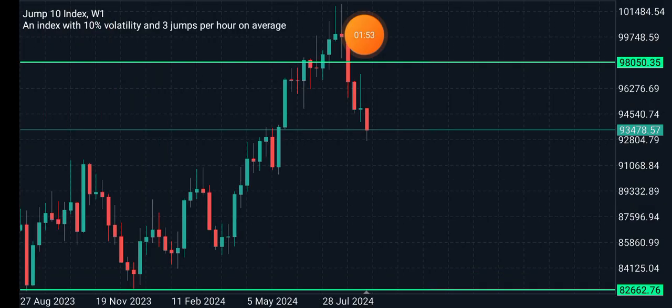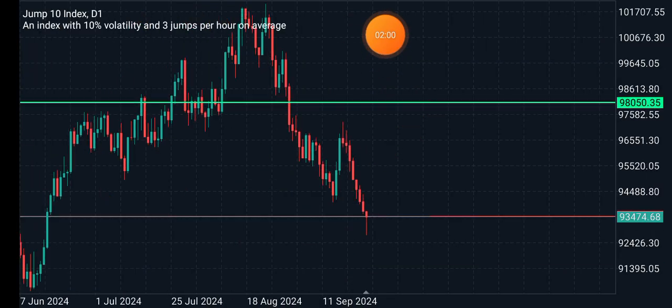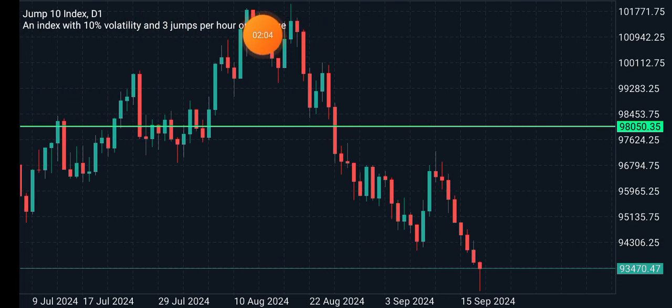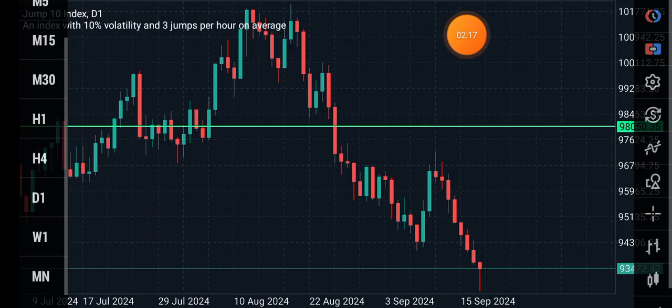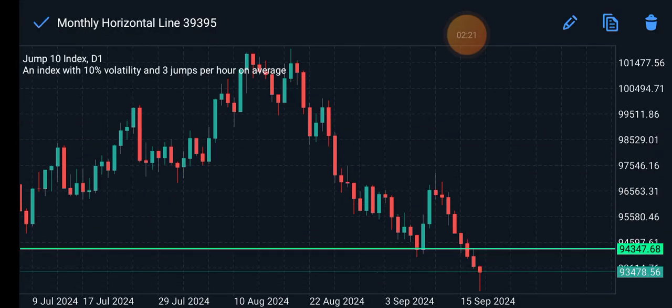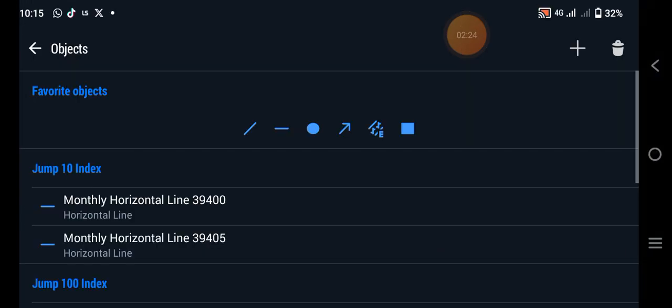If I go to a weekly time frame, we're not seeing much information there, so I'll go to the daily. Daily has already spelled out everything. We have a lower high, a lower low, a lower high, a lower low, a lower high, a lower low, a lower high, a lower low, a lower high, and then we are going down again. If you watch very well, you see that we have broken even this zone. Let me use a rectangle to show it.